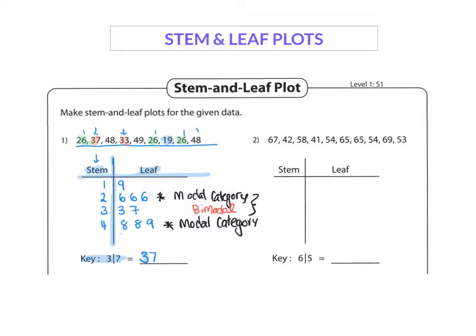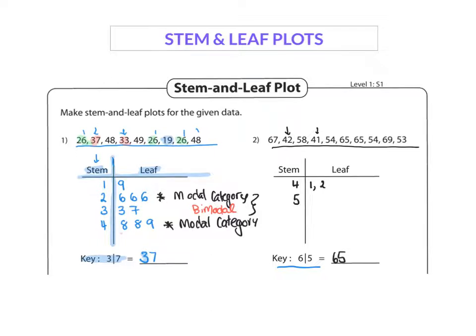Alright, so if we go over here and look at the second example, we have a key that's saying 6|5, so I'm going to indicate to the reader that that means 65. If I look along my list, the 40s seem to be my lowest numbers, so my first stem will be 4. I've got a 41, so I'll put a 1. I've got a 42, so I'll put a 2, and that's it. Then I move into the 5s.